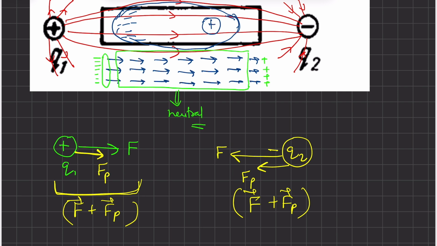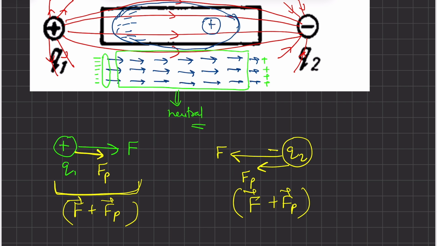So if somebody asks what is the force q1 is experiencing because of q2, the answer is simple, that is k q1 q2 upon 4 pi epsilon naught r square. But if somebody asks what is the net force q1 is experiencing, in this case it will not be just k q1 q2 upon 4 pi epsilon naught r square.